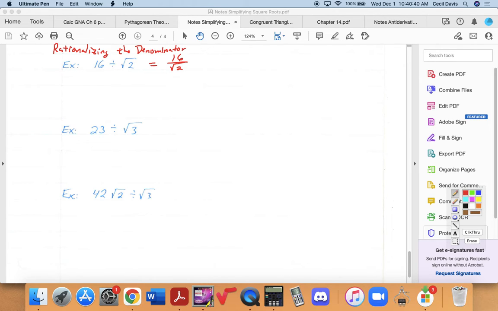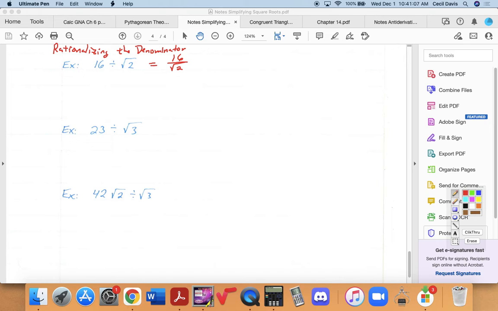Before I show you how to do that, we just need to talk about where it got that name. It's rationalizing. You're like, wait a minute, is the denominator not rational now? The square root of 2 is not a rational number. So what's a rational number? All whole numbers are rational numbers.